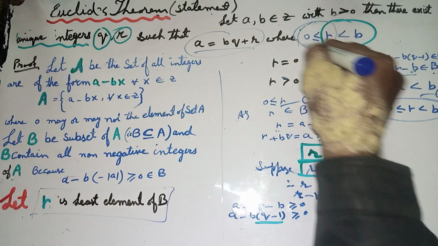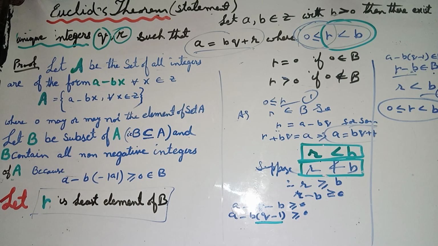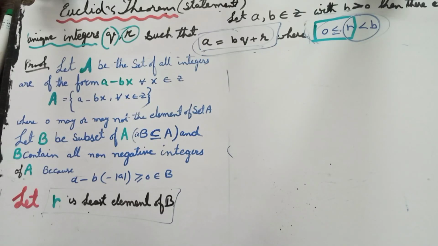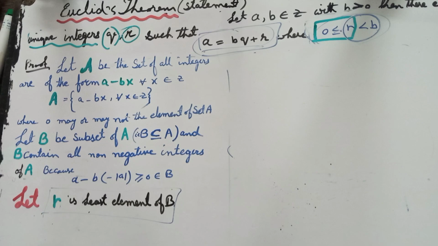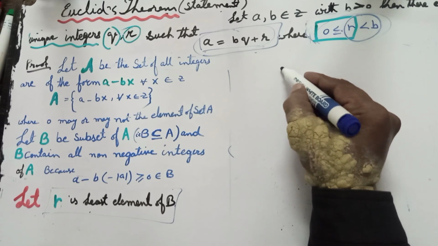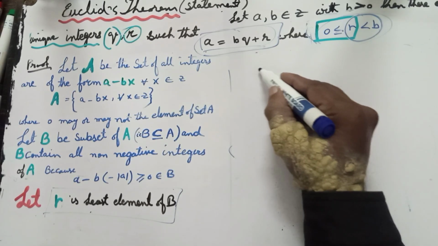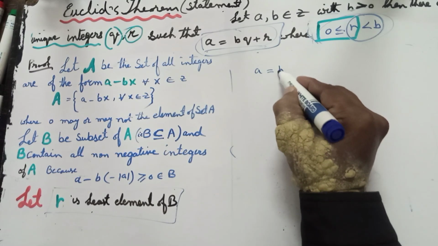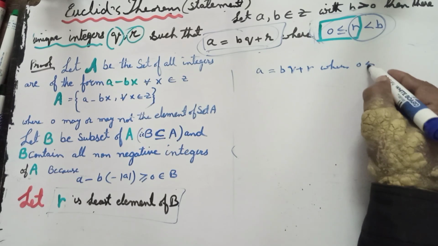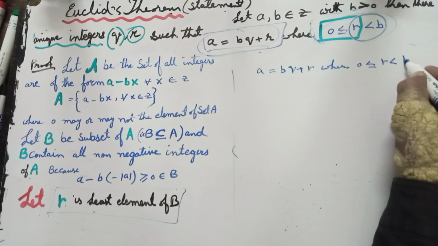We proved this thing. Now only one thing remains: unique integers q and r. Now we are going to prove the uniqueness of q and r. We suppose that they are not unique. In one case, we have a equals bq plus r, where 0 is less than or equal to r, which is less than b.